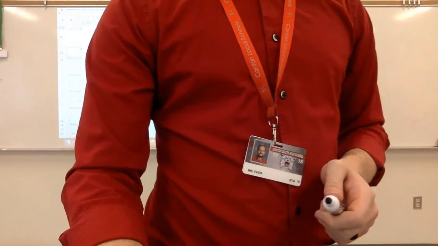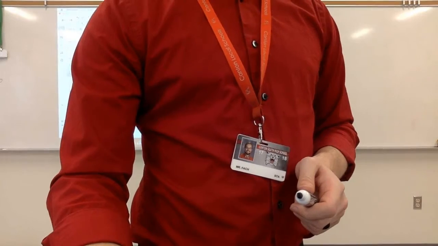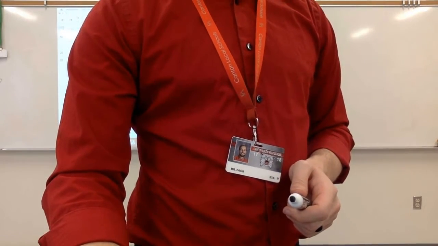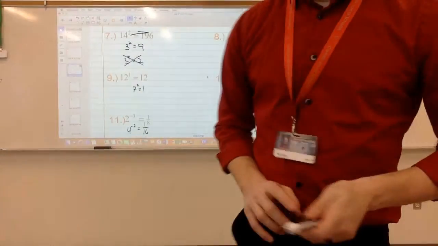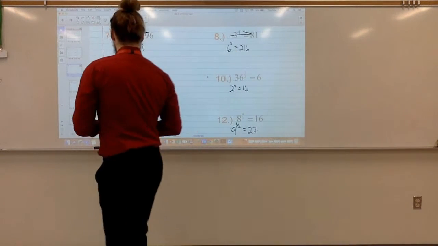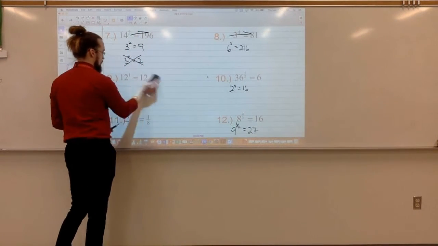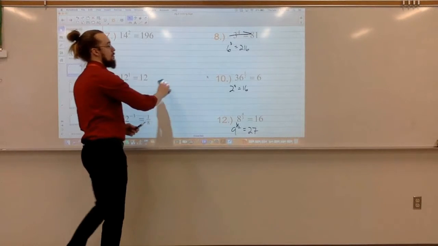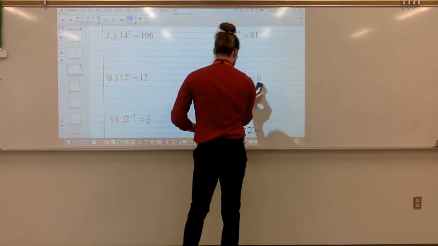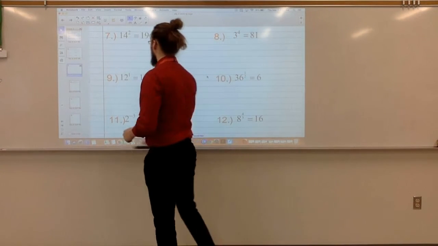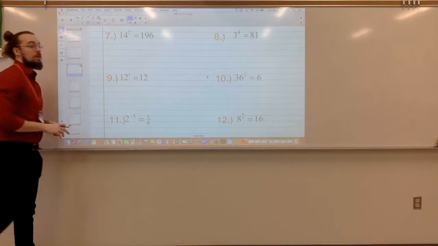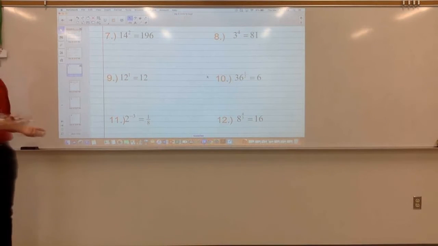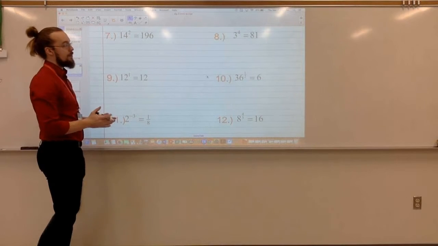Alright, then let's take a look at going the other way, converting an exponential to a log. So, again, we can use a lazy 7 idea here.